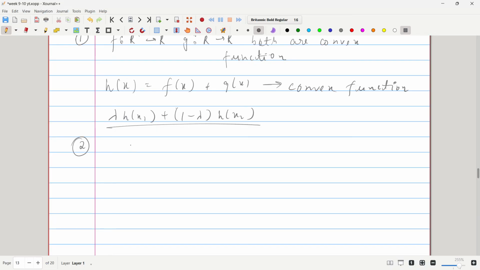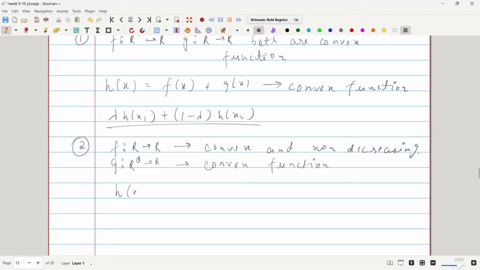The second property is: f is R to R, and your function f is convex and non-decreasing. This is important. Your f is a convex and non-decreasing function, and your g is a convex function.